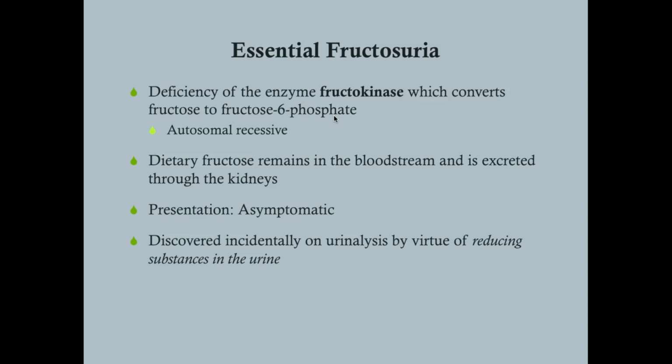Remember, that's the very first step of fructose metabolism. Like all of these enzymatic disorders, it's autosomal recessive, so both parents have to be carriers. Dietary fructose, because it can't get converted into a form that your body can use, is going to remain in the bloodstream and it's ultimately going to be excreted through the kidneys quite easily.